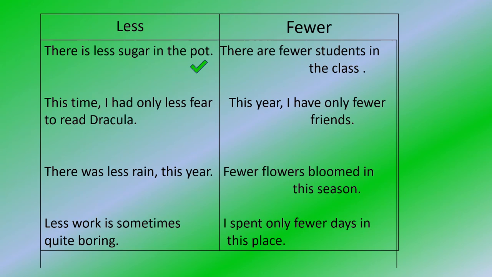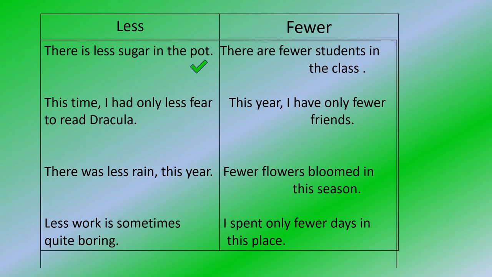Less here helps us to get an idea of the quantity of sugar, and at the same time it gives us a comparison, though the comparison is not directly present. We have to sense it. For example, a few days before, there might have been more sugar in the pot.